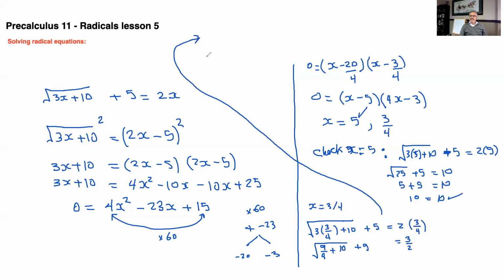Sorry about the mess. So I'm going to do common denominator, which is 4. And I'm going to have a 9 there. And then the 4 multiplies by 10 gives me 40. So that's 40 plus 9, which gives me 49 over 4 plus 5.